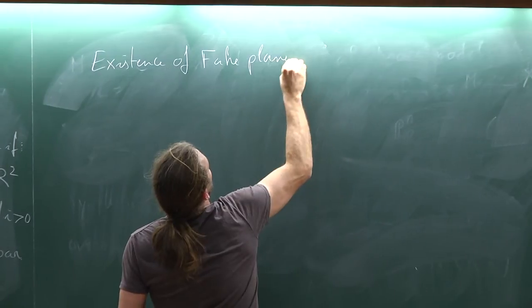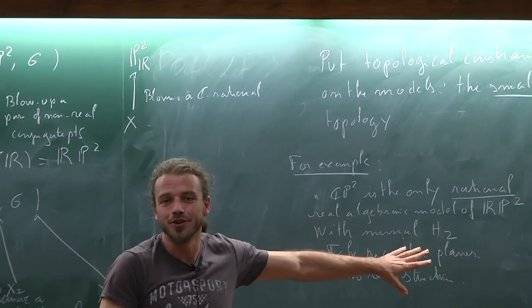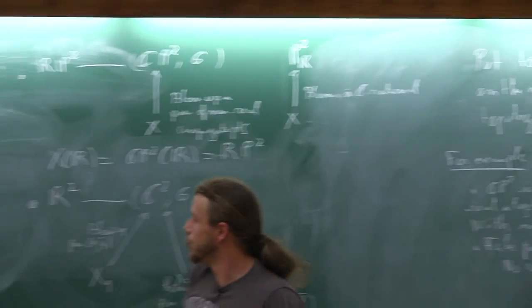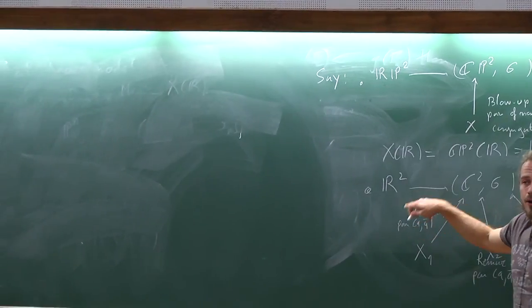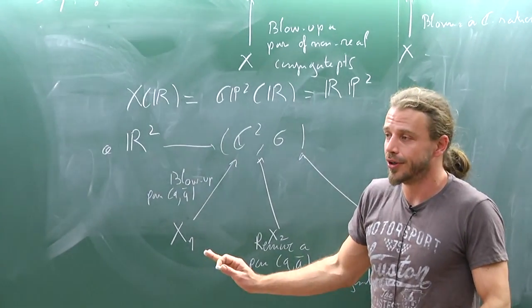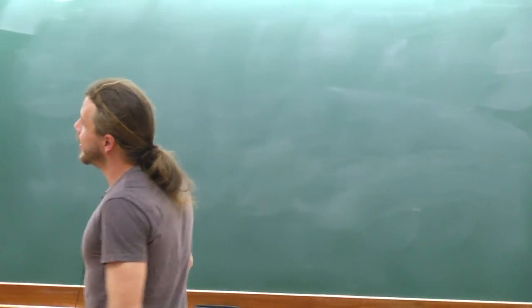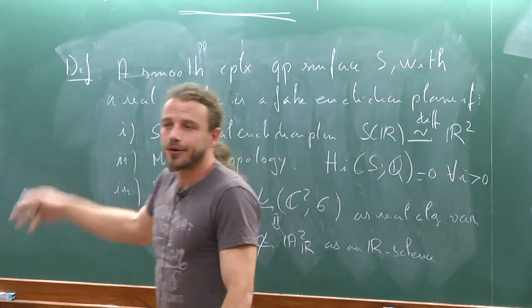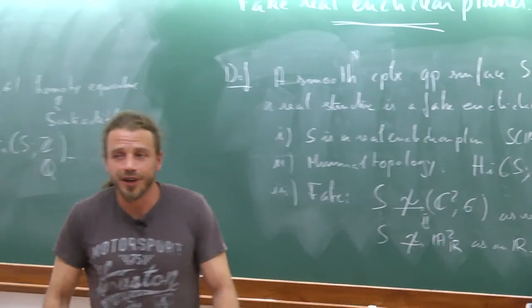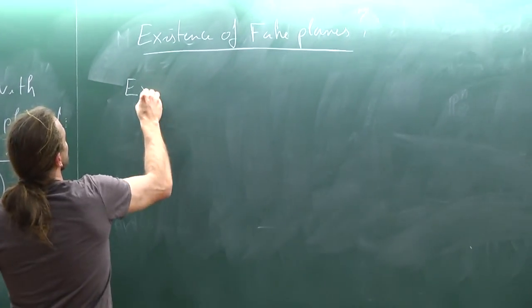Right, because it might just happen that we are exactly in the same situation as here with A2, and by putting a restriction on the topology, we killed all these types of constructions. And so it could just be that the only real algebraic model of R2 with minimal topology is A2. Well, the answer is no. Here is the first example.